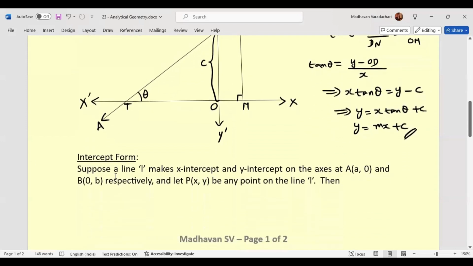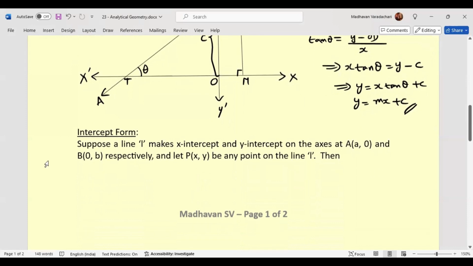Now, let us consider intercept form. Next one. Suppose a line L makes x-intercept and y-intercept on the axes a, 0 and 0, b respectively, and let P(x, y) be any point on the line L. Then see, slope of PA will be the same as slope of AB.